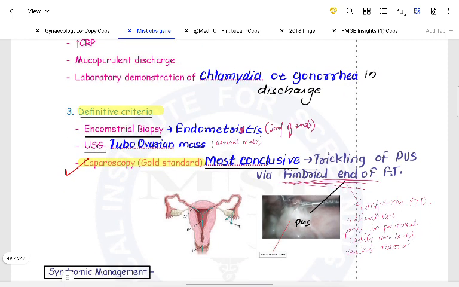But if the pus is trickling from the fimbrial end of the fallopian tube, it is conclusive of PID. So laparoscopy is the gold standard, but the definitive criteria which we usually use are ultrasound and endometrial biopsy.